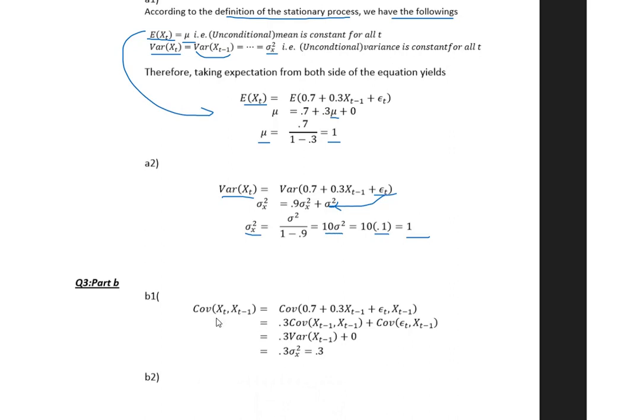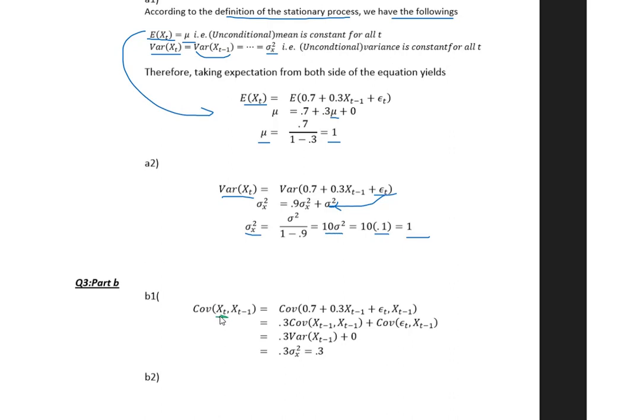The trick or method to calculate covariance in time series problems is that usually this trick works, that we replace one of those variables with the equation and calculate the covariance of those variables based on the given information in the problem statement.